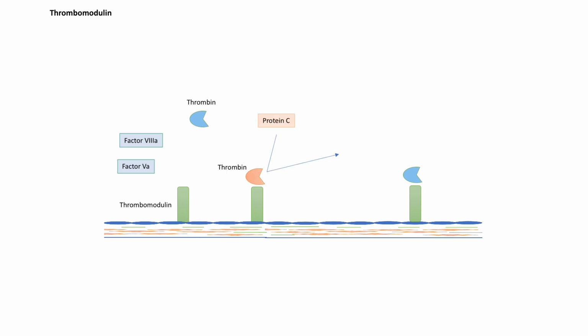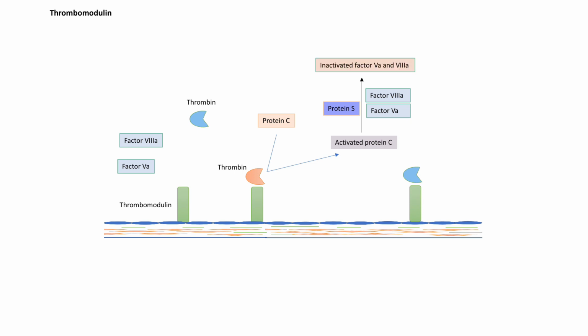This process starts when thrombin binds to thrombomodulin. After thrombin binds to thrombomodulin, it then activates protein C. Activated protein C along with protein S inactivates cofactor 5 and cofactor 8 present in blood.